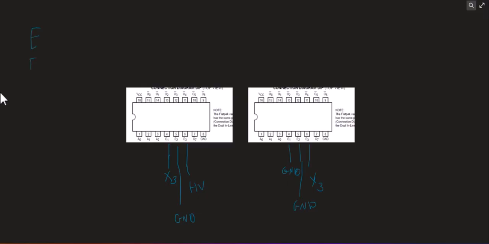So in order to be enabled, E1 needs to be low, E2 needs to be low, E3 needs to be high.